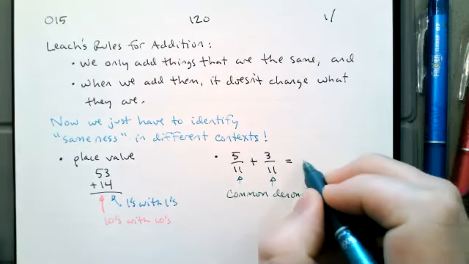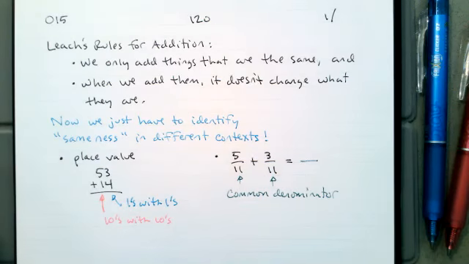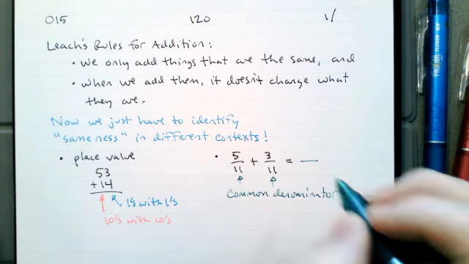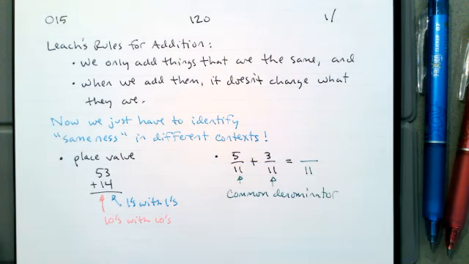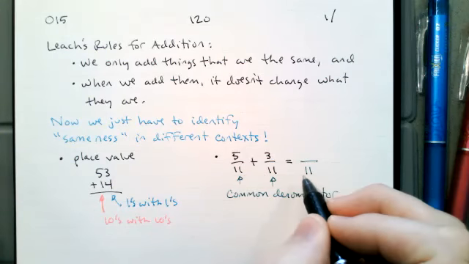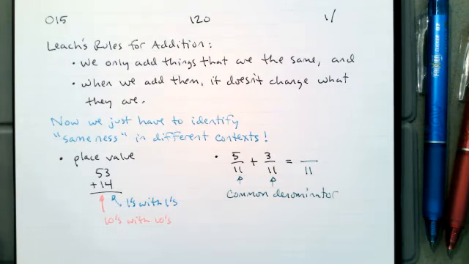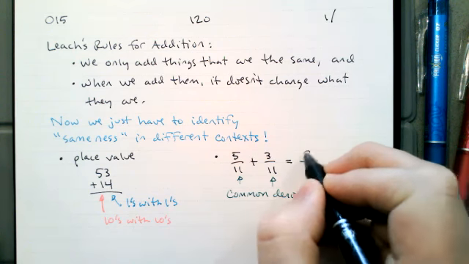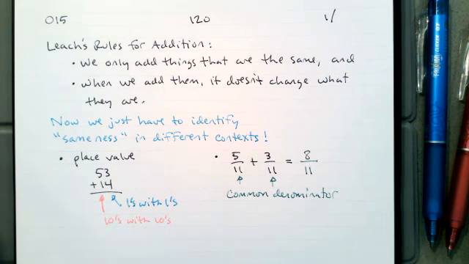And when we add them, we can add these because they are the same. They have a common denominator. That's sameness in fractions. And when we add them, it doesn't change what they are. So since we're looking at the 11 denominator as what's making these the same, when we add them, it doesn't change what they are. 5 of these things plus 3 of these things is 8 of those things.